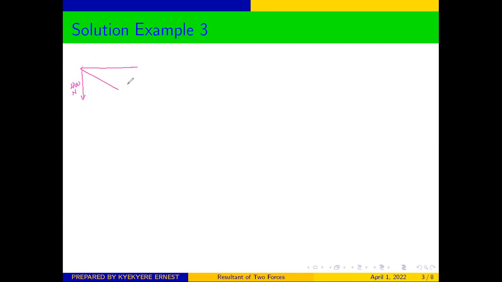And this one, we are told that this force is called K. And then we are told that the angle from the x-axis to the force K is 35 degrees.